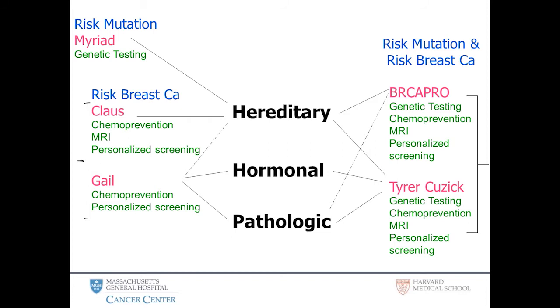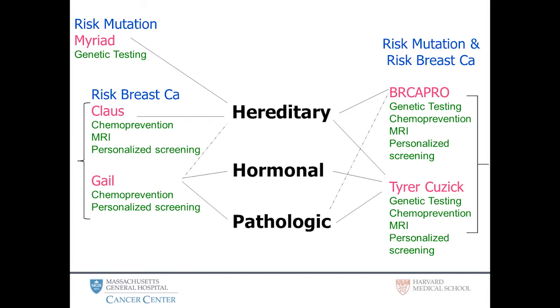Now, let's look at these models in terms of what they look at and what they do. The Myriad model, or the Frank model, only tells you the risk of mutation and only tells you who might be eligible for genetic testing. Claus and Gail only tell you the risk of breast cancer over time. They do not tell you the risk of having a mutation.